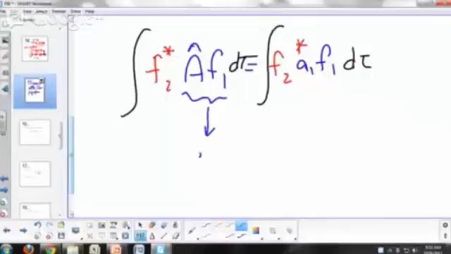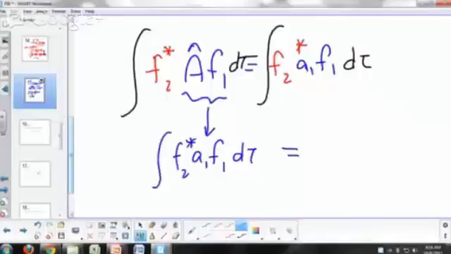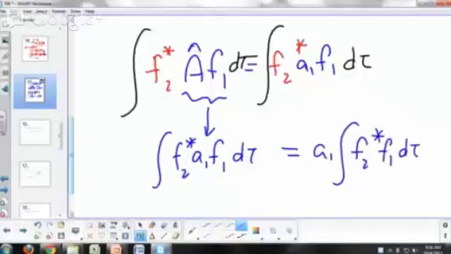It gives you back a constant a1 times f1 d tau, and you have f2 star. And what do you have on the other side? I can pull out my a1, so I have f2 star f1 d tau.